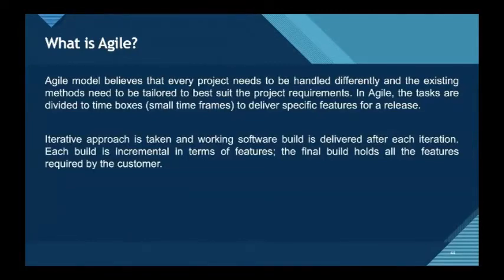In Agile, the tasks are divided into time boxes or small time frames to deliver specific features for a release. Iterative approach is taken and working software build is delivered after each iteration. Each build is incremental in terms of features, and the final build holds all the features required by the customer.